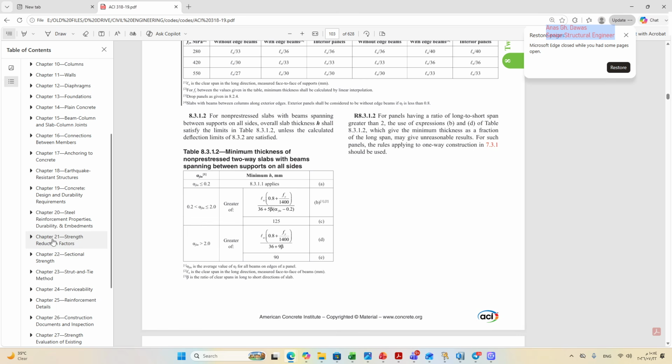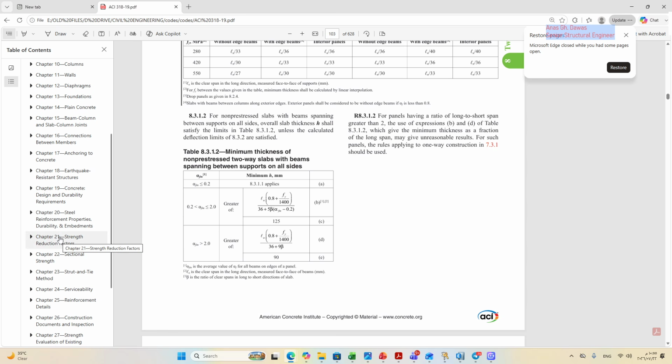If you look here at Chapters 21, 22, 23, 24, the ACI calls these chapters the toolbox chapters.